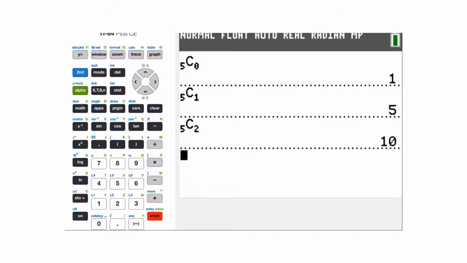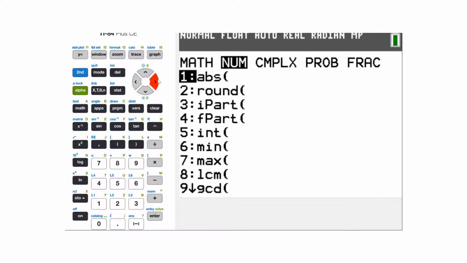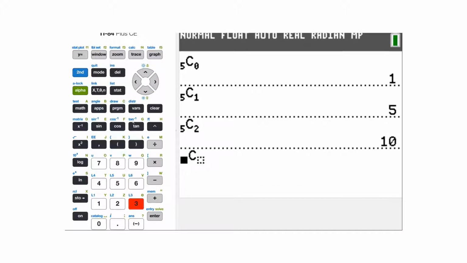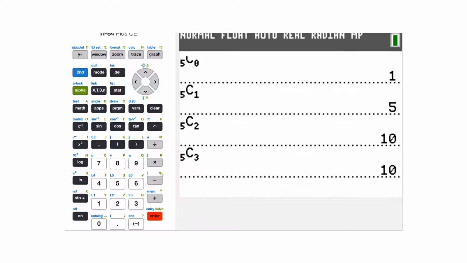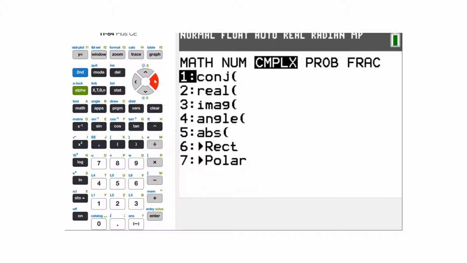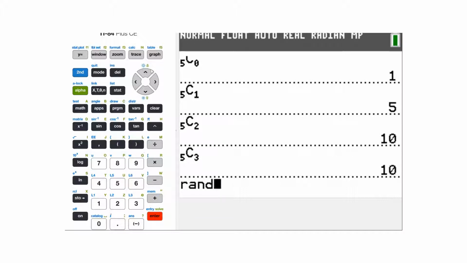And we're going to do 5C3. Math, probability, option 3. So I got 5C3 also equals 10. Now I got to do 5C4, math, probability. Uh-oh, wrong probability.